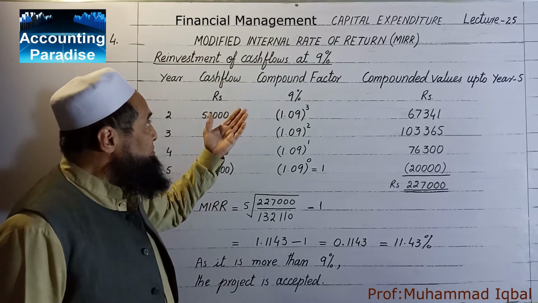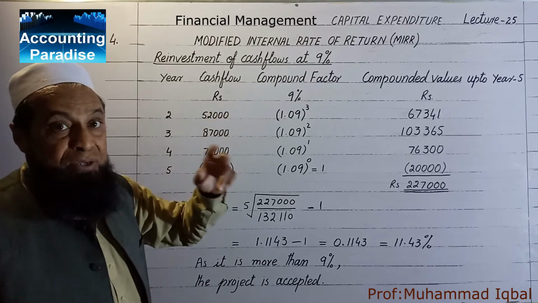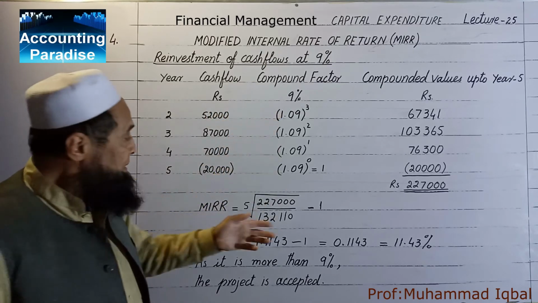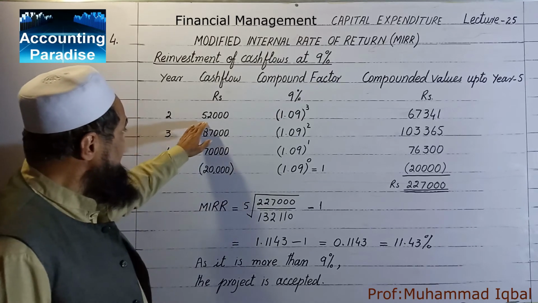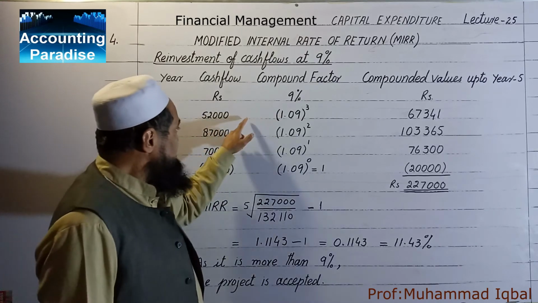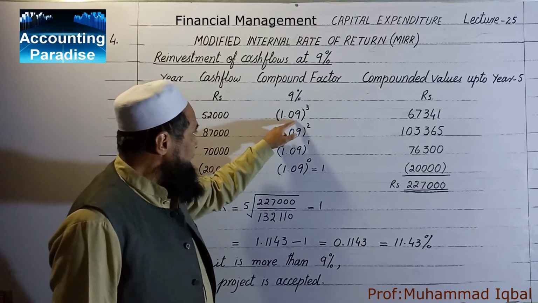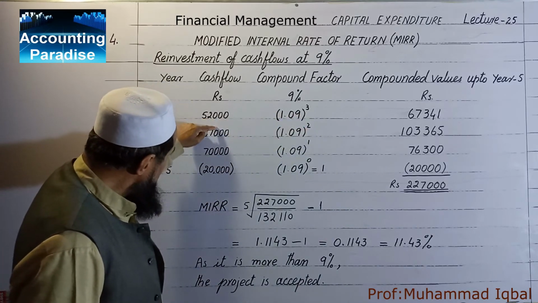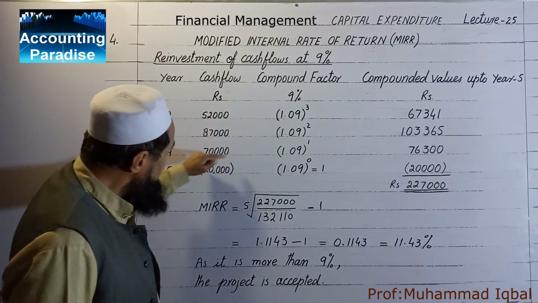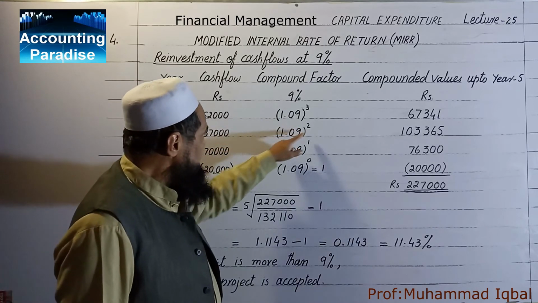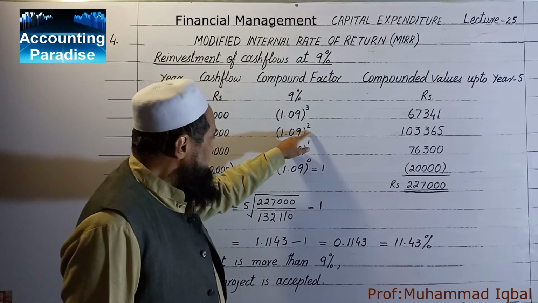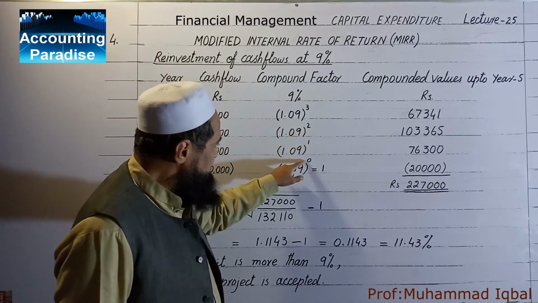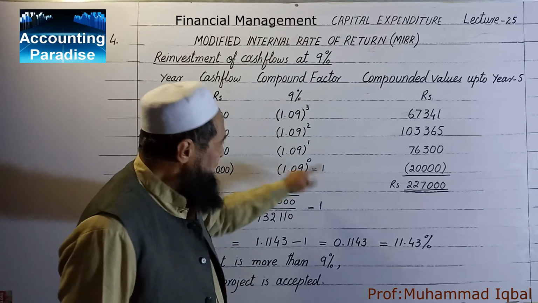In the first step we calculated the present value of investment in year 0 and in the first year. Now we will calculate the compounded values by multiplying by 1.09 raised to the power 3, because of the gap of first year, second year and third year. In the same way 1.09 raised to the power 2, then raised to the power 1, then raised to the power 0, that is equal to 1.